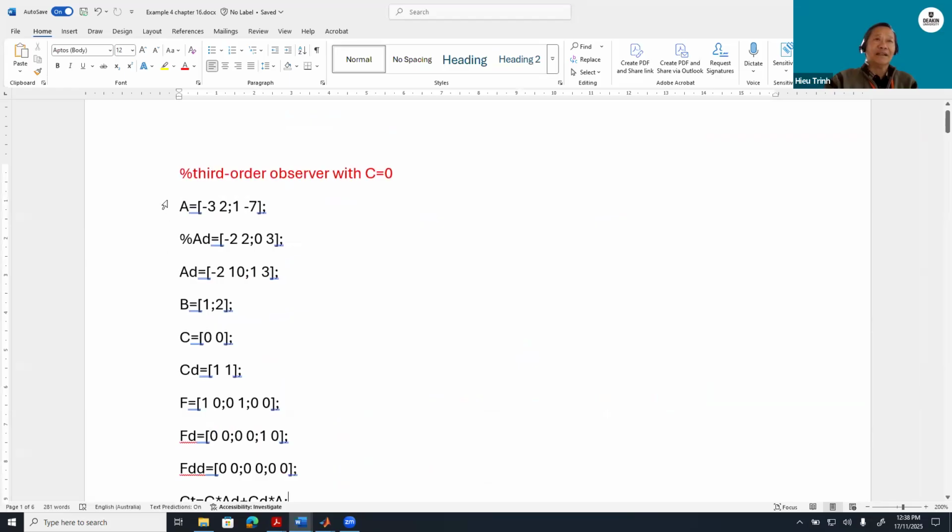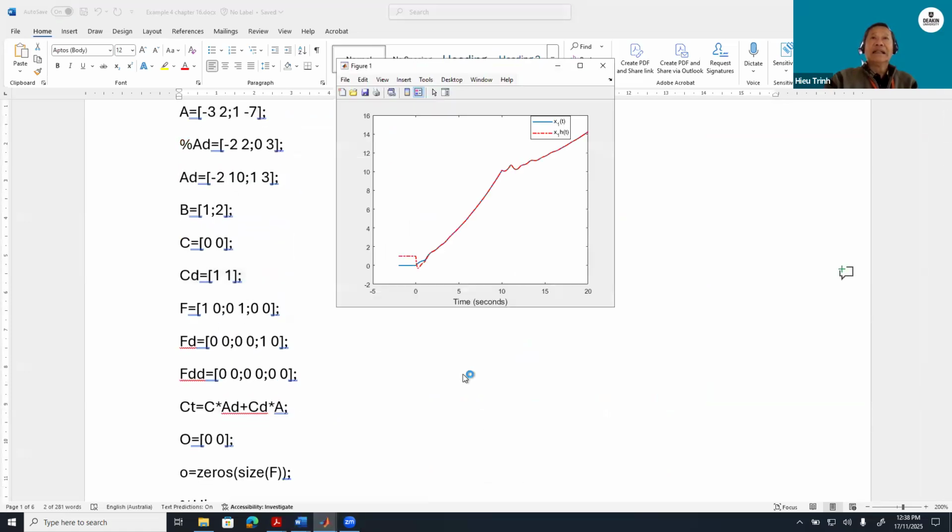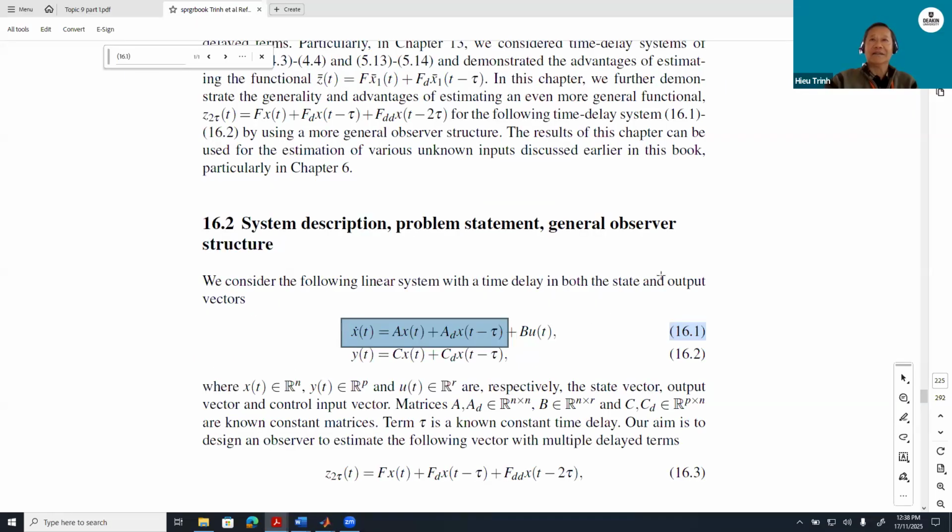We pick an unstable time delay system. We use the delay output measurement. We can still estimate instantaneously the stack variables, the unmeasurable stack variables. That is something the reader can further investigate.